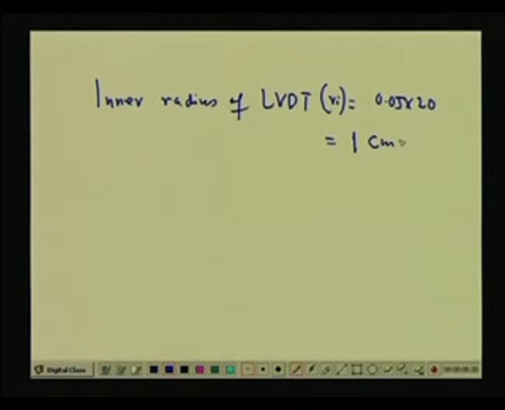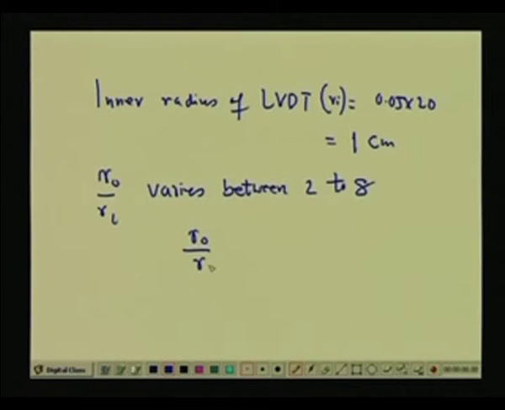The ratio RO by Ri varies between 2 to 8. Let us take RO by Ri as 4. Then the outer radius of the LVDT assembly is equal to 4 centimeter.